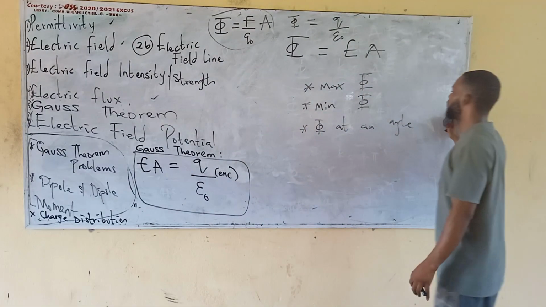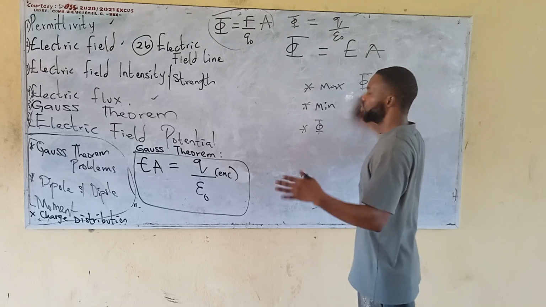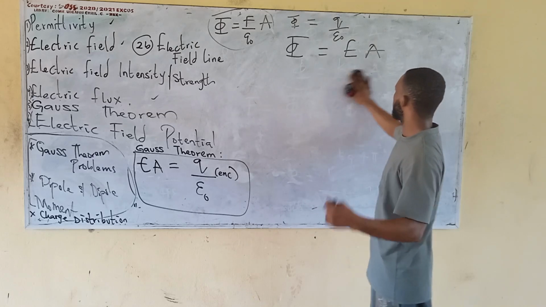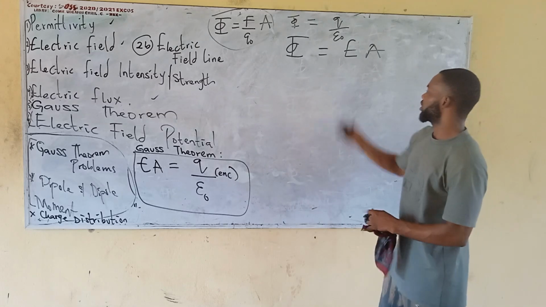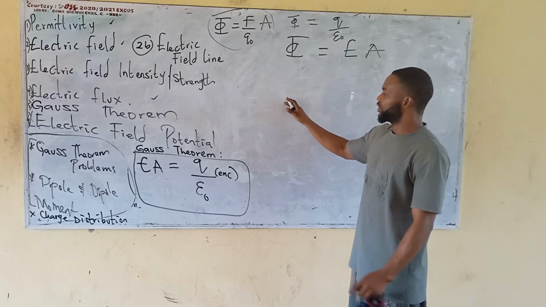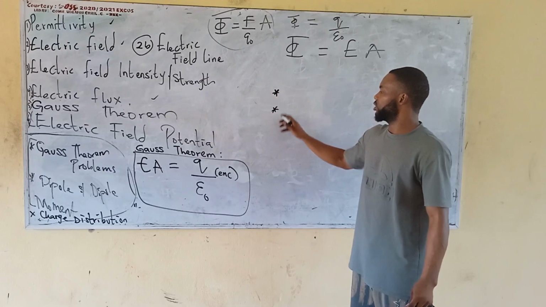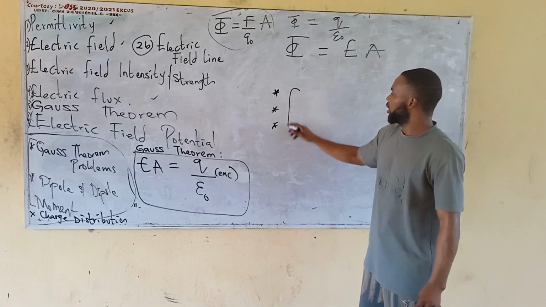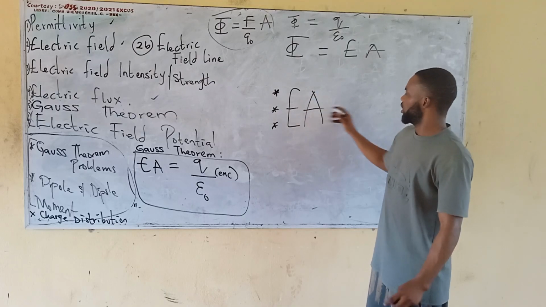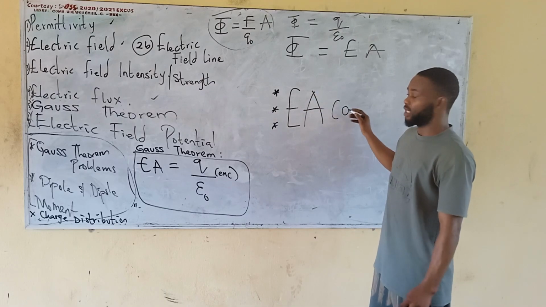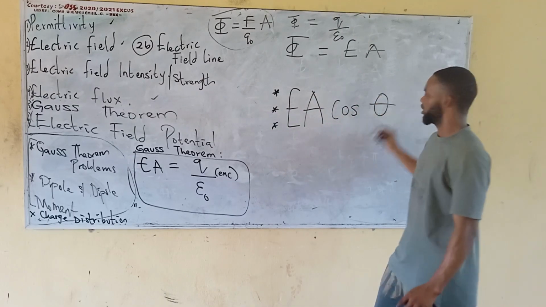Sometimes it's confusing, but once you know how to find cosine with your hand, it will be easy. What it means is that in those three cases, electric flux is gotten by doing EA cos theta.